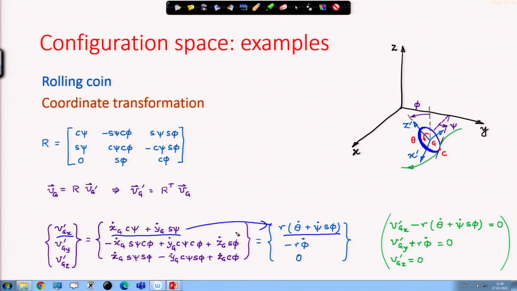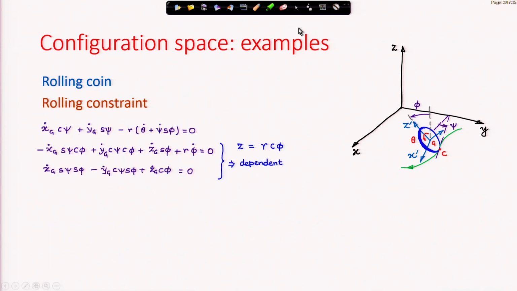So this must be equal to this, and similarly I can write the other components and finally get the constraints in terms of the velocity of the center of mass as seen from the ground fixed frame, rather than represented in the primed frame, because it is inconvenient to represent the velocity vector in the moving primed frame. It is always much better to write it in terms of velocity measured in a ground fixed frame.